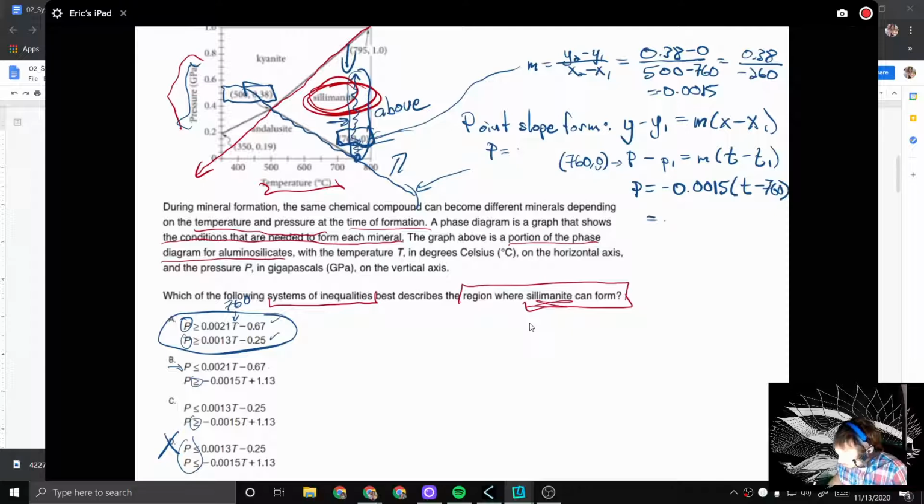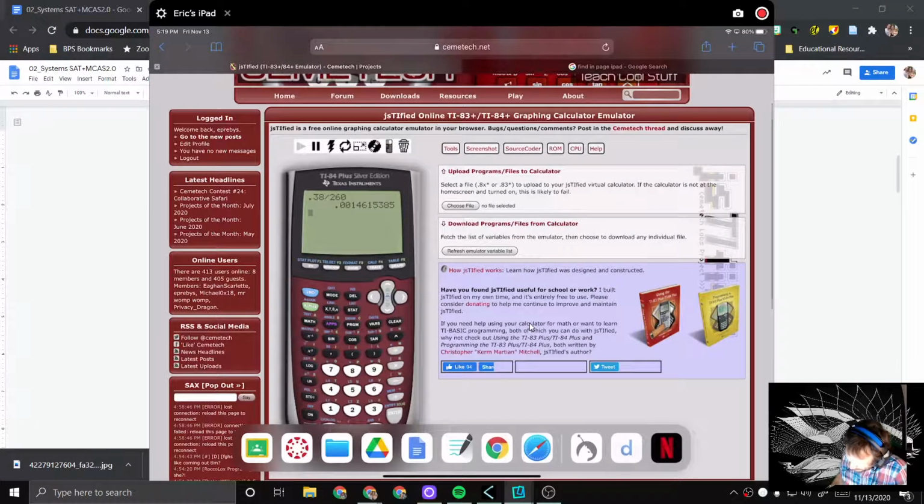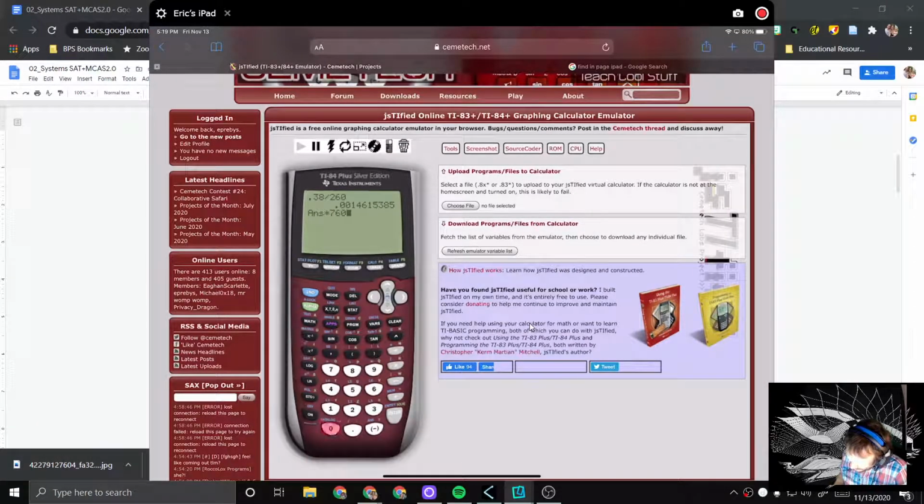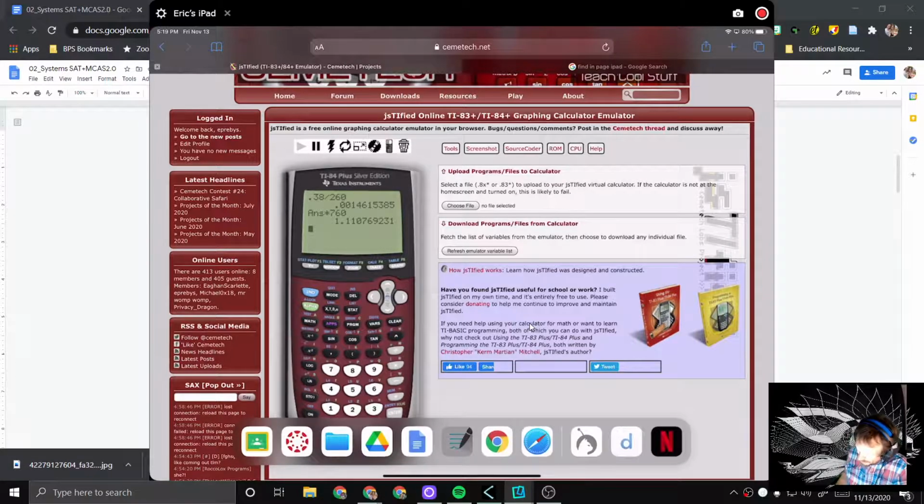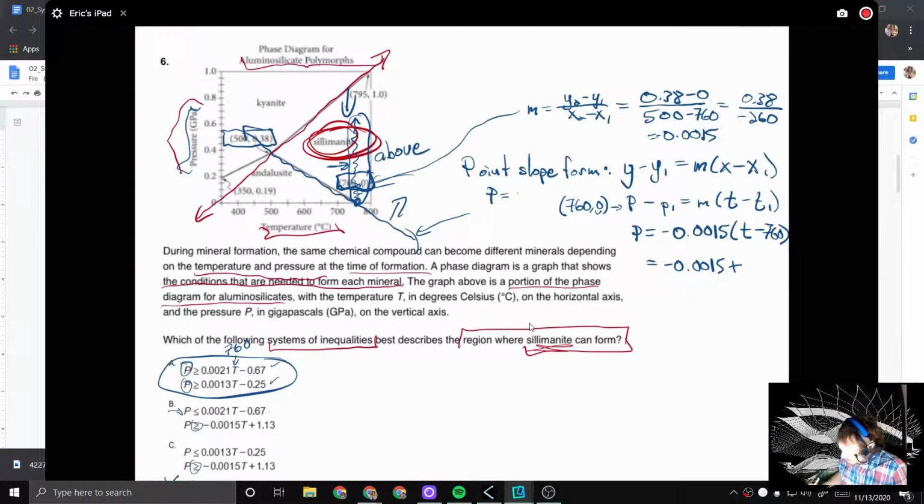Which is equal to negative 0.0015 t plus 760 times that, and 760 times whatever that number was that's still in the calculator's memory, we get 1.11. Plus 1.11.